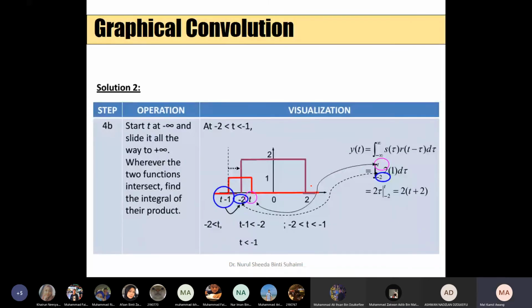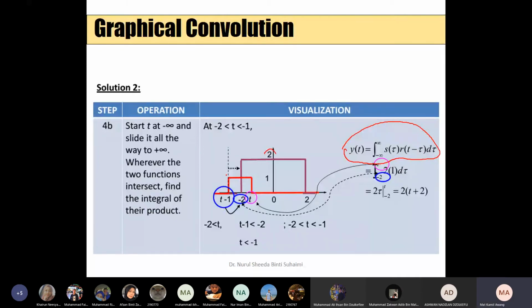Now, when you start to overlap, in the convolution expression you have the integral from minus 2 to t of 2, as s of tau is 2 and r of t minus tau is 1.